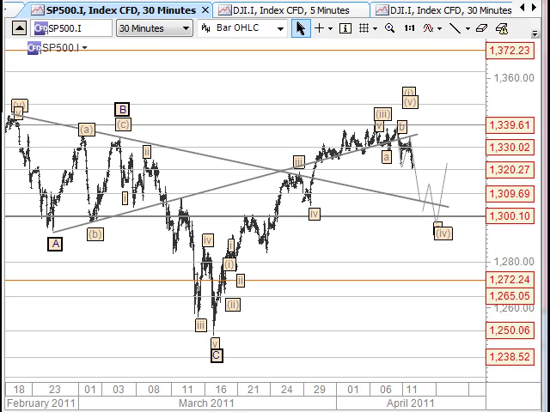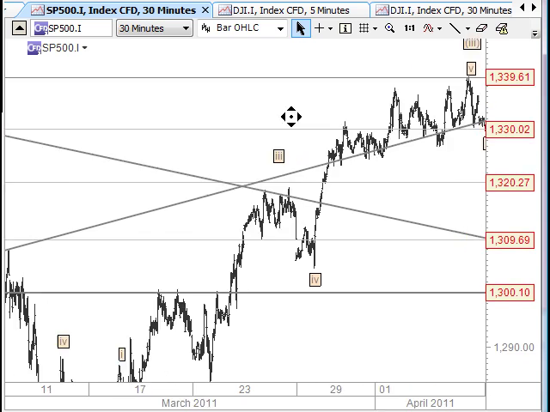Here we're looking at the S&P 500 on a 30-minute chart, which is up here. As you know, with most indices, they've been struggling over the last week or so up here at their old highs in some cases, but very close in others, or even above in some.